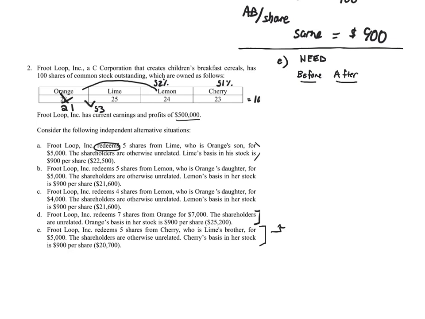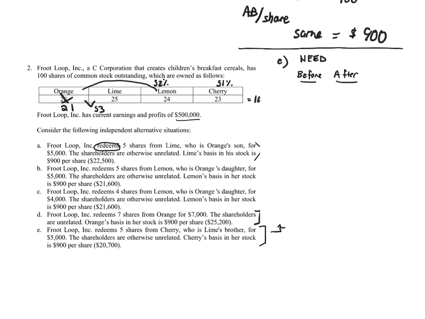A brother-sister relationship, or brother-brother, or sister-sister, is not considered related. You attribute the stock of your parents, your children, your grandchildren, your spouse. That's it. Nothing else.